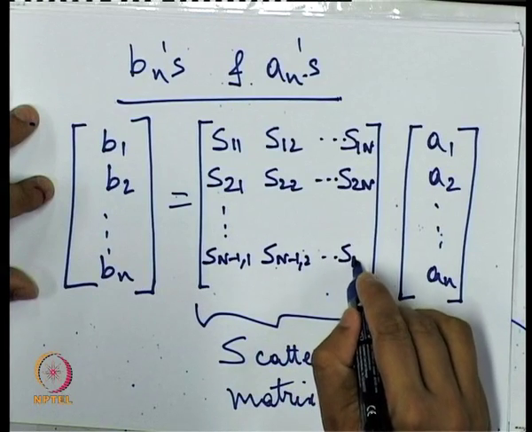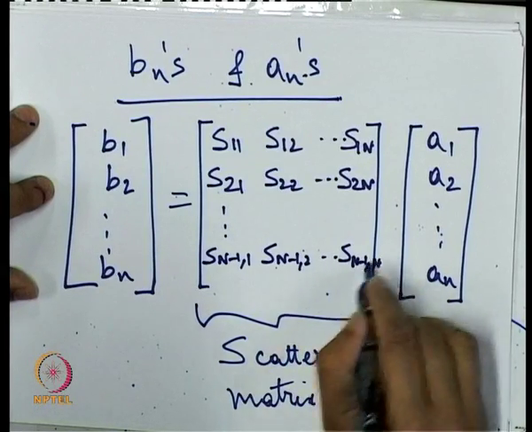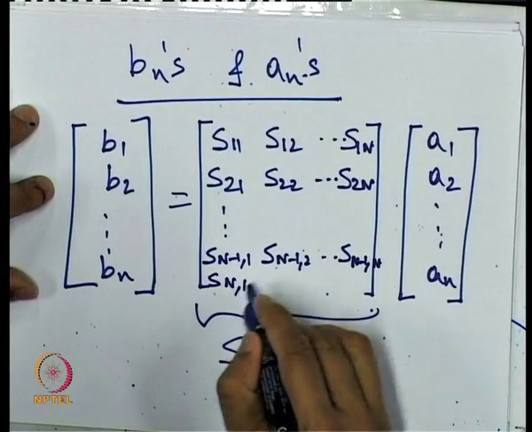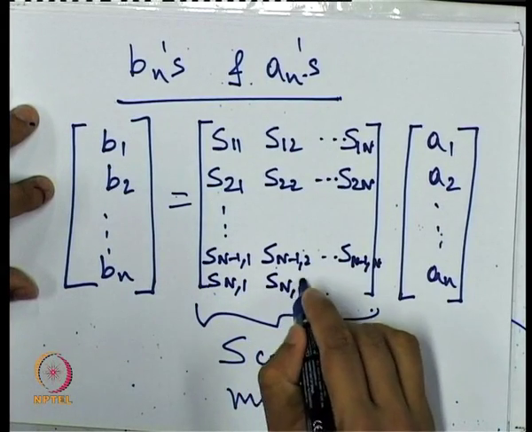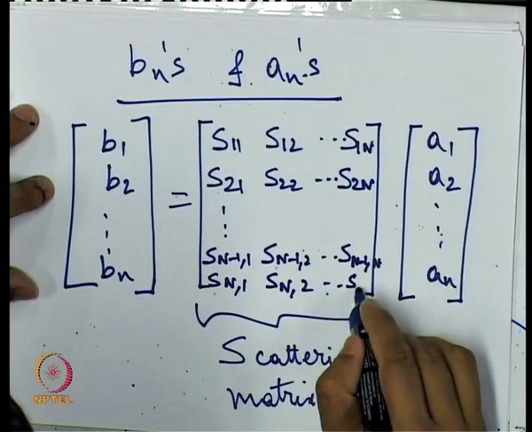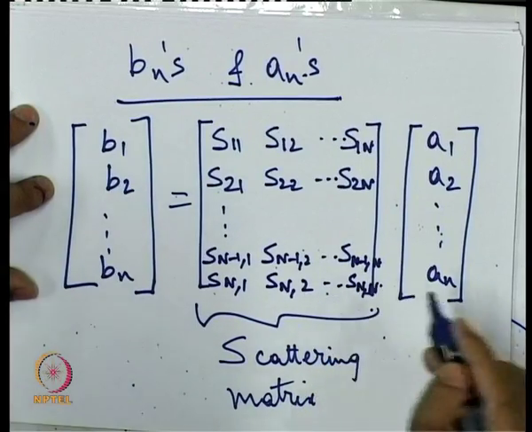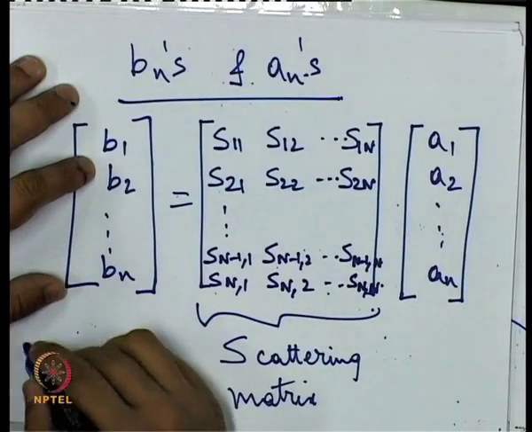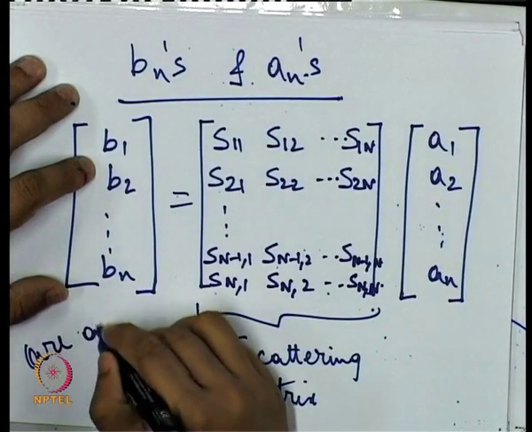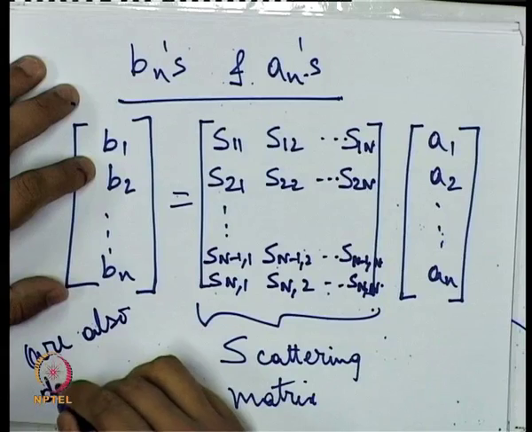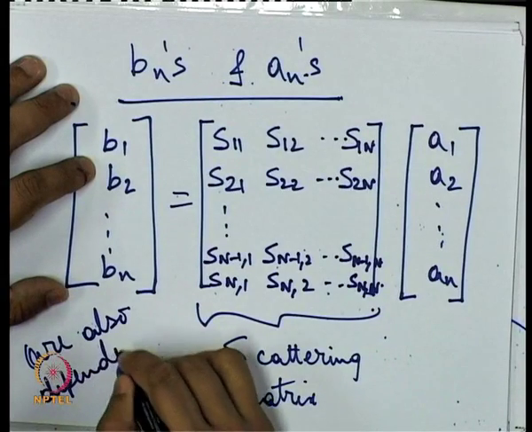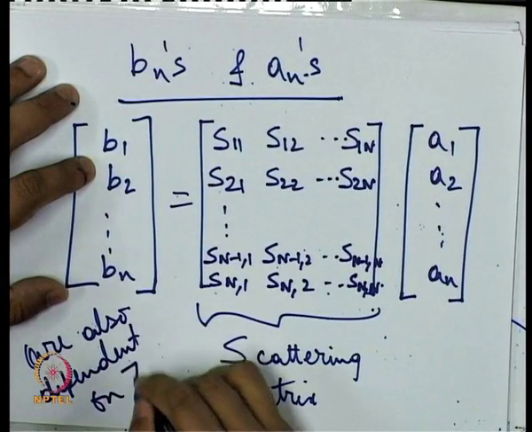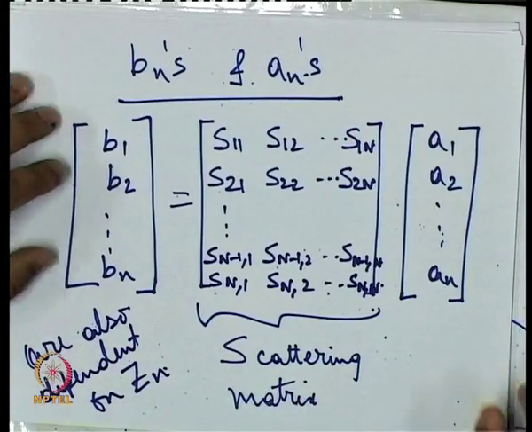And the other difference that we will see in a moment is that these S parameters, or scattering parameters, are also dependent on the characteristic impedances Zn.